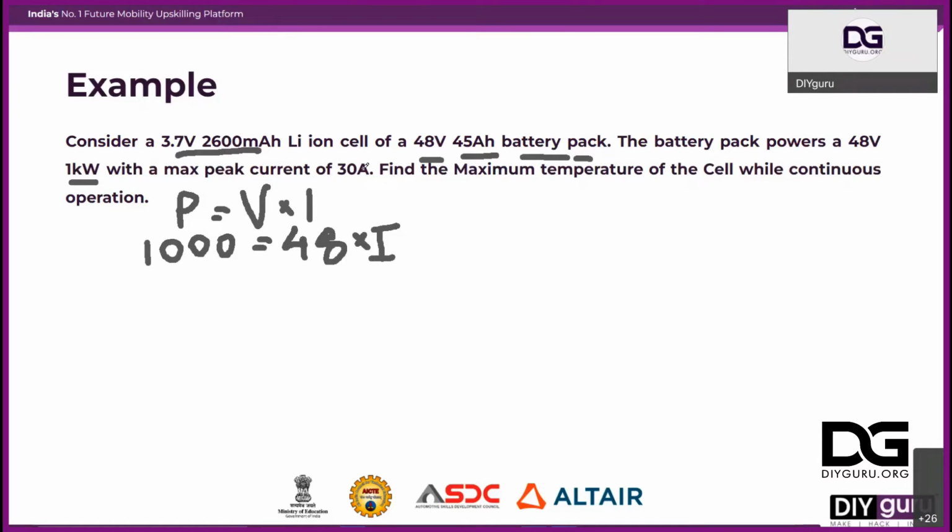If an efficiency was given, you would have to divide by the efficiency, which I'll write as mu. But there's no such thing, so I won't take it.